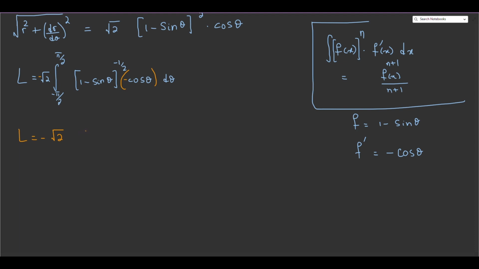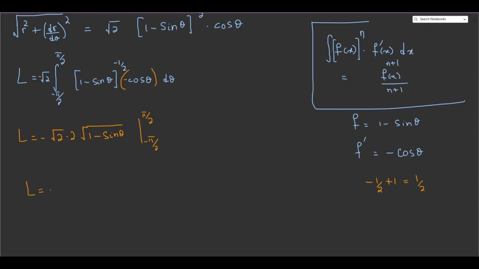We are going to add 1 to the power, so minus half plus 1 will be equal to 1 by 2. So it will be equal to 1 minus sine of theta, written at the top here, from minus pi by 2 to pi by 2.